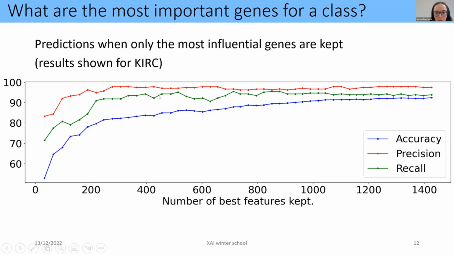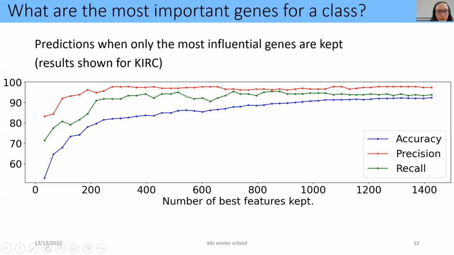So I also plotted two curves, which are the precision and the recall. The precision is saying, if I have one example classified as the Kirk class, so it's a cancer type, is it really a Kirk cancer?